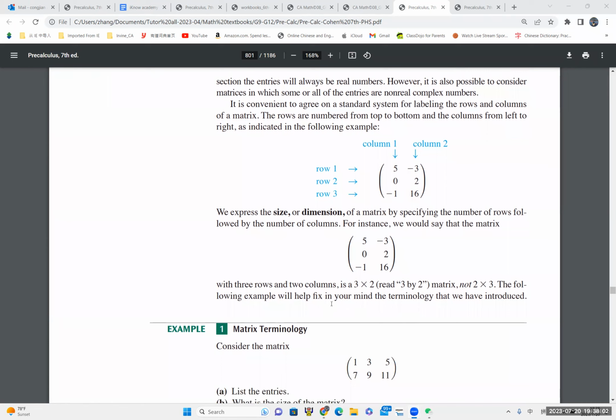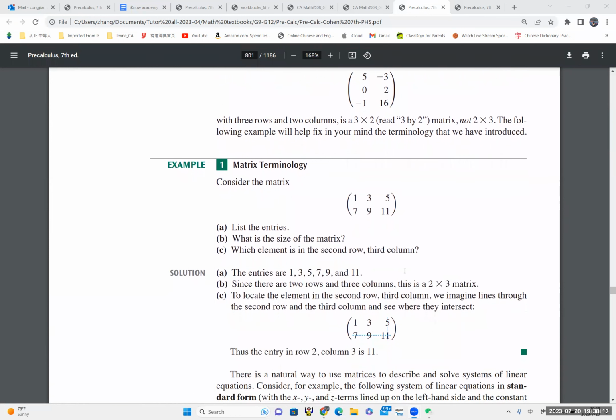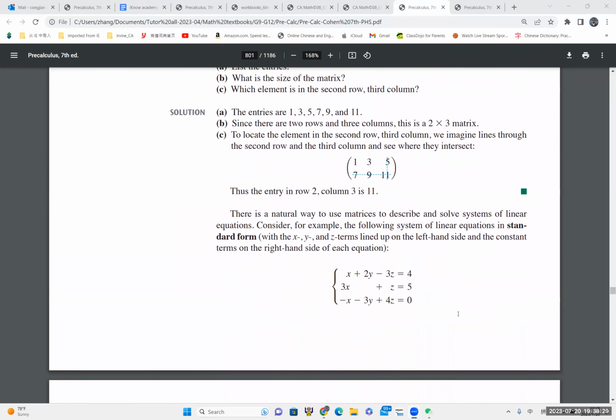For a matrix, when we say it's 3 by 2, it means 3 rows, 2 columns. So this is 2 rows, 3 columns, right? We write its size or dimension as 2 times 3. Those are some basic definitions for matrices.